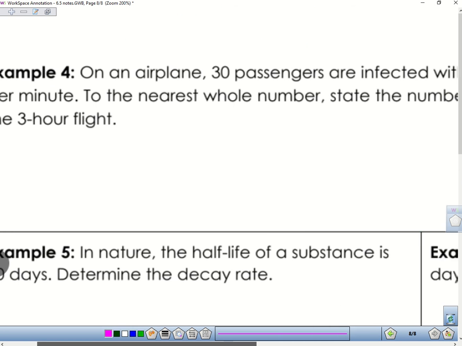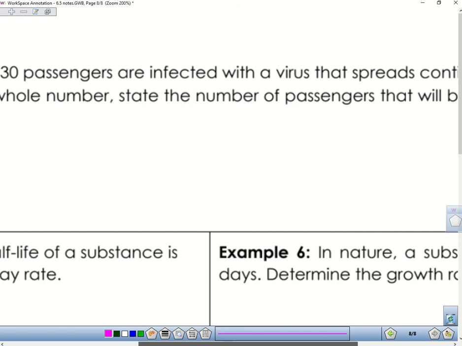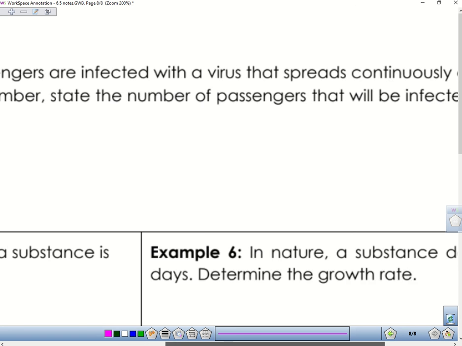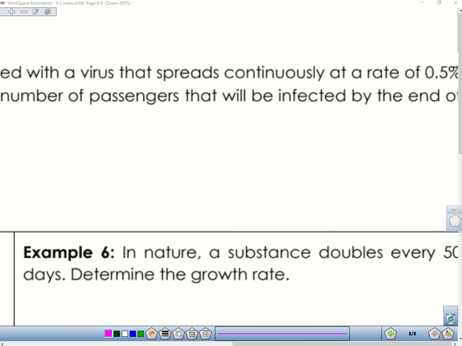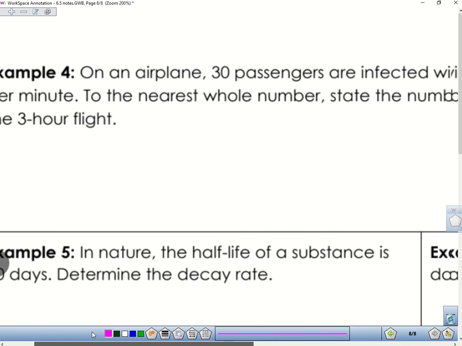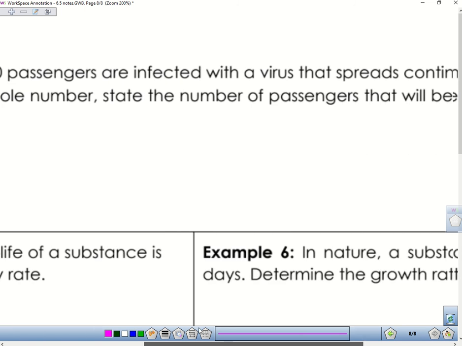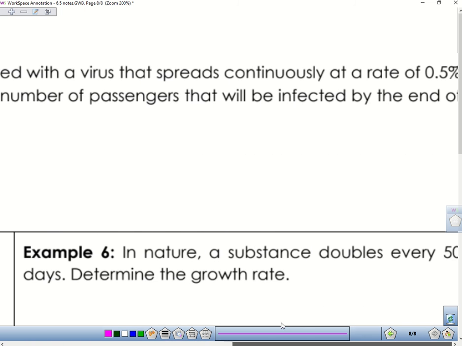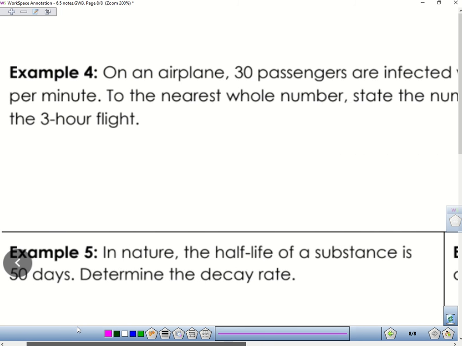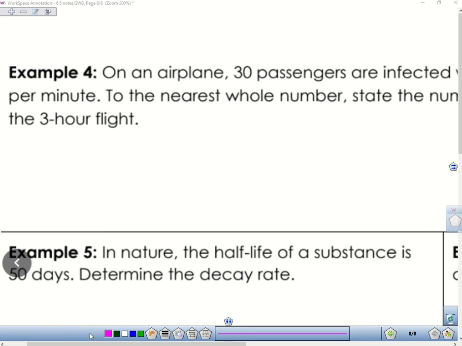So this question says, on an airplane, 30 passengers are infected with a virus that spreads continuously at a rate of 0.5% per minute. To the nearest whole number, state the number of passengers that will be infected by the end of the 3-hour flight. Okay. So what model do you think this one is?